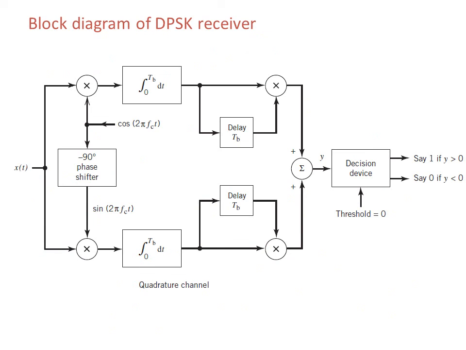Thus, the optimum receiver for the detection of binary DPSK is shown in the figure, the formulation of which follows directly from the binary hypothesis test, that is the previous equation.